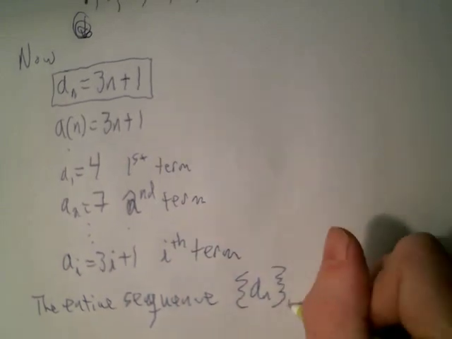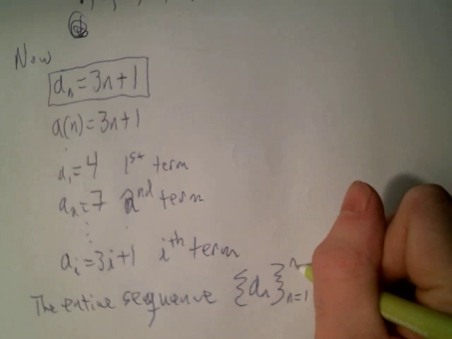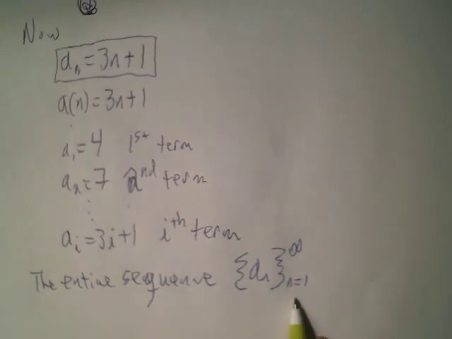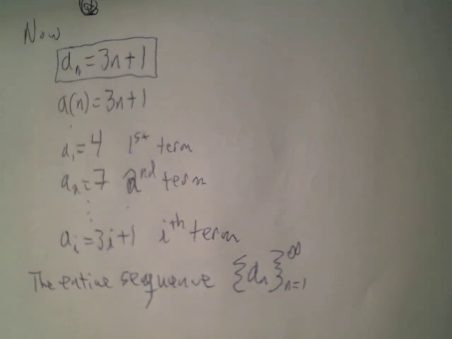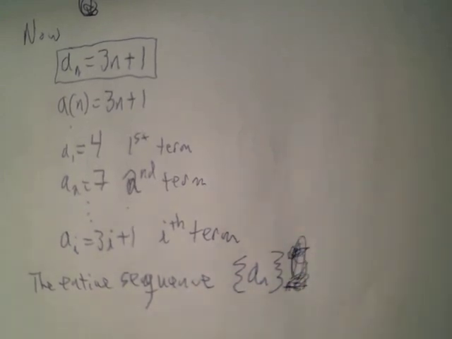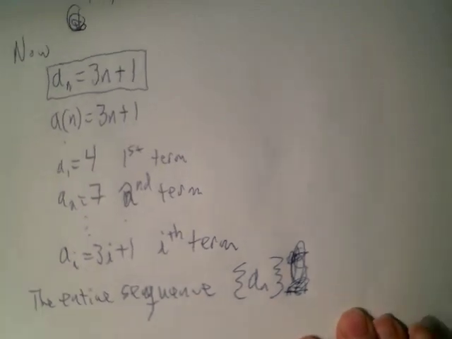And sometimes they'll tell you where you start over here, so it's a little like an integral, you know, from n equals 1 to infinity. But our book doesn't use that notation. So the first couple problems will just have you list out terms of sequences.